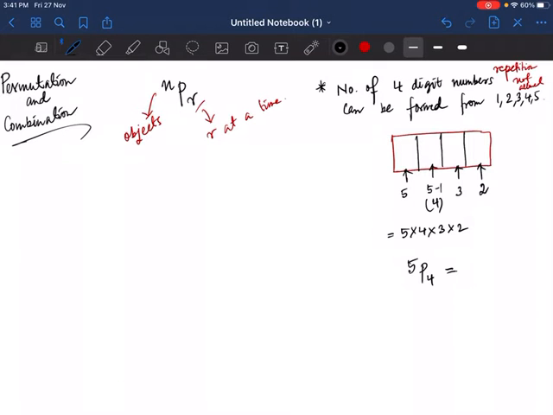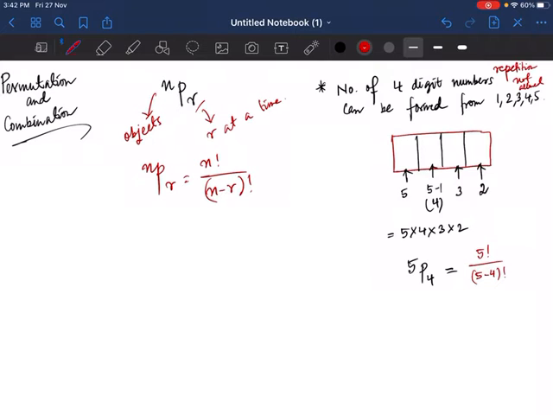The derivation of permutation is not in the syllabus, but the formula, please remember this one, is given by 5 factorial divided by (5 minus 4) factorial. So nPr is equal to n factorial divided by (n minus r) factorial. This is how we do permutation.